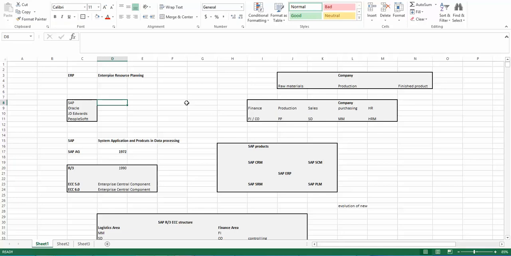The cost involved in implementing SAP is too high, and hence we observe that big companies, multinational companies, go for SAP. Small companies can even opt for SAP, or else they usually opt for some local softwares which are economical to them and which satisfy their requirements.